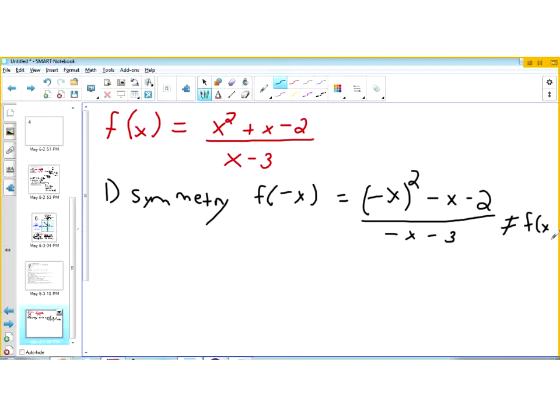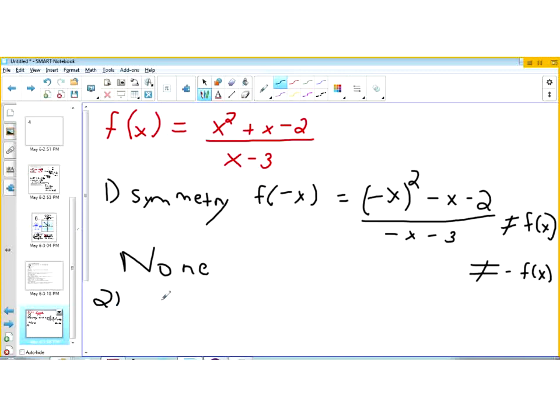So this function has no even symmetry. It's not symmetric with respect to the y-axis. Also, looking at this expression, it does not equal negative f of x. So this graph is not symmetric with respect to the origin. So therefore, this graph has no symmetry. All right, so no help there.